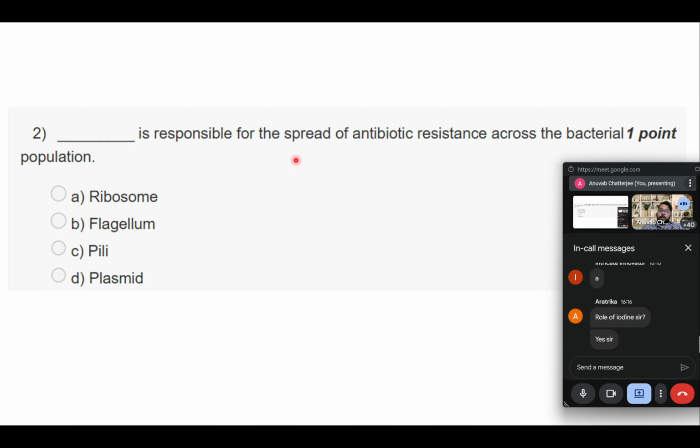The next question. Blank is responsible for spread of antibiotic resistance across the bacterial population. The options are ribosome, flagellum, pili, and plasmid. Okay, I will give you a second to figure this out.